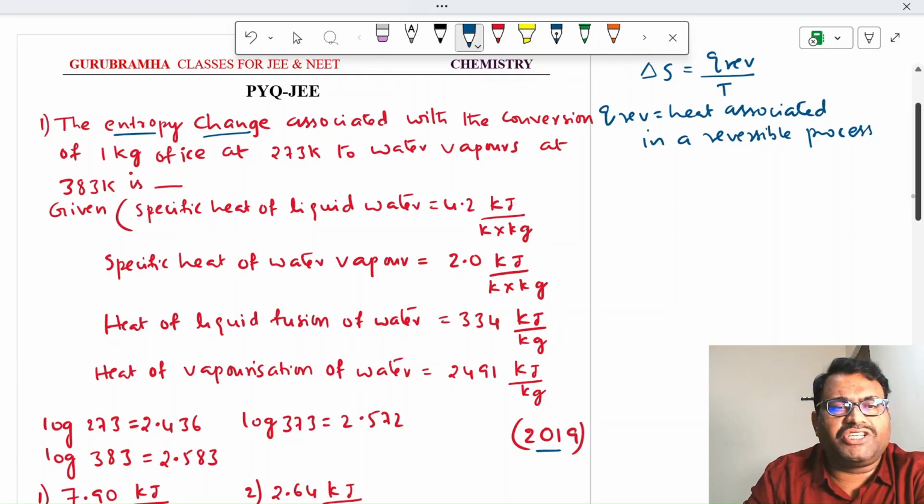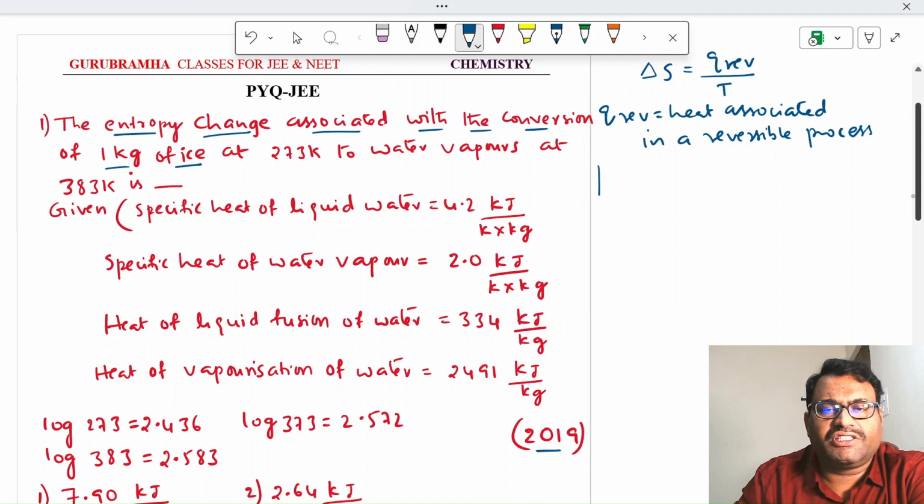So the entropy change associated with the conversion of 1 kg of ice. There is 1 kg of ice at 273 Kelvin.